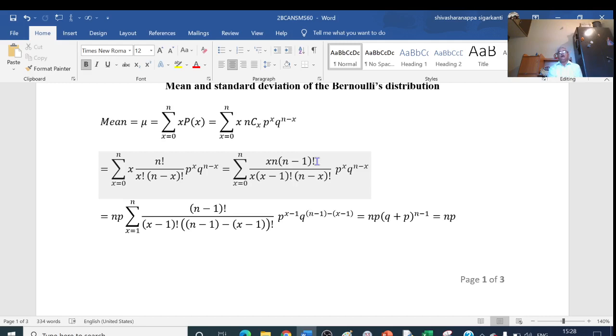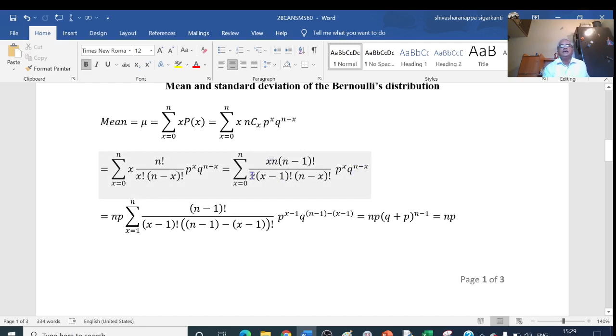That is, 10 factorial can be written as 10 into 9 factorial, or 10 into 9 into 8 factorial, or 10 into 9 into 8 into 7 factorial. So for my convenience, I am writing this as n into n minus 1 factorial divided by, similarly, x factorial can be written as x into x minus 1 factorial, into n minus x factorial as it is, into p to the power of x into q to the power of n minus x.